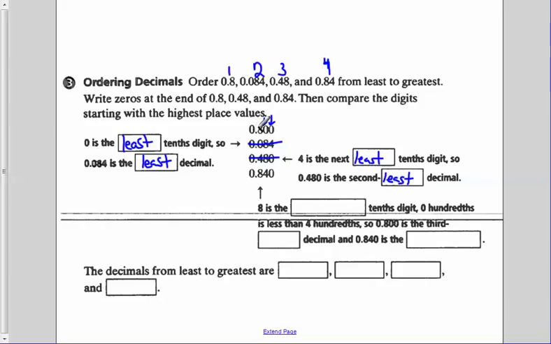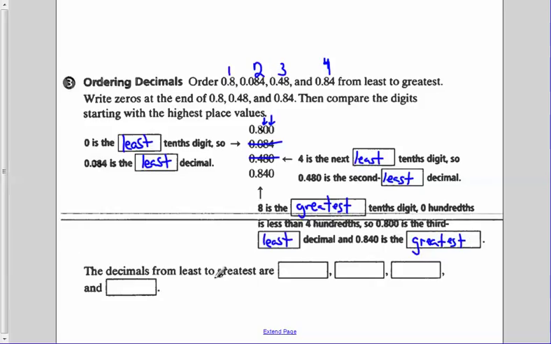Now I'm finally down to our last two. I've got 8 tenths and 84 hundredths. So 8 is our greatest tenth digit, so I have to look at our hundredths place, and 0 and 4 I'm comparing those two, and since 0 hundredths is less than 4 hundredths, 8 tenths is our third least decimal, which makes 84 hundredths the greatest.